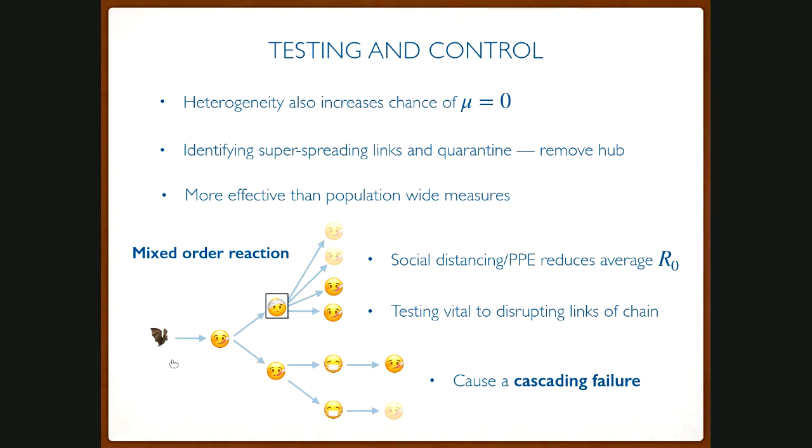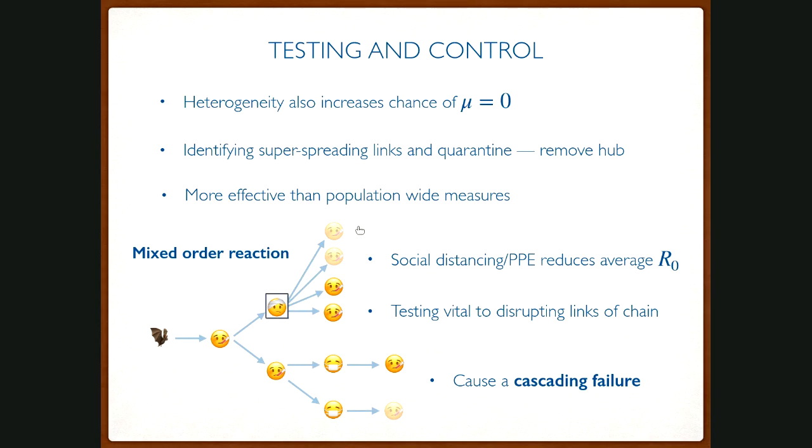You could identify super spreading links, with things such as contact tracing, and hopefully pull them out before they can continue along in their infectious period. So you're removing hubs from the network of reactions, and that's been shown to be more effective than just population-wide measures. For example, if this super spreading event was going to happen, and we were able to isolate that infectious agent early, we might save ourselves a bunch of people there.